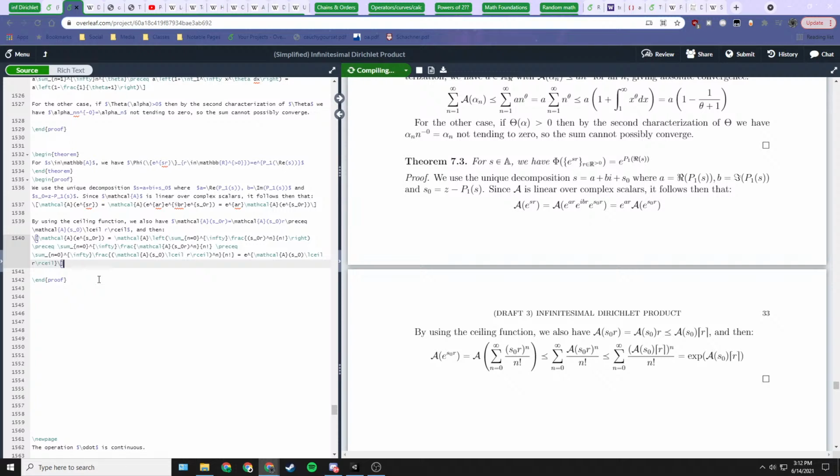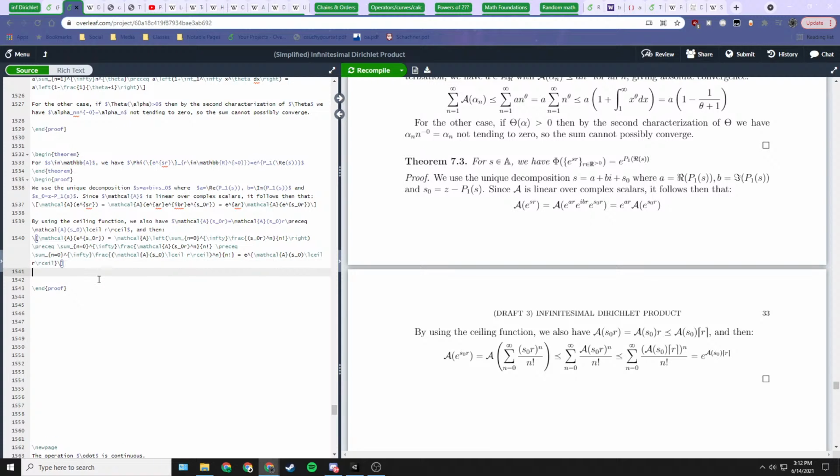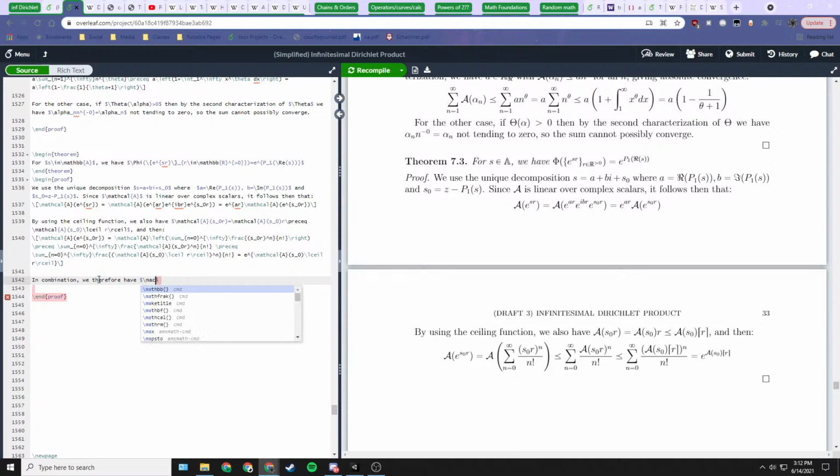Very nice. Okay, this is exciting. Okay. So in combination, we therefore have A of E to the SR.